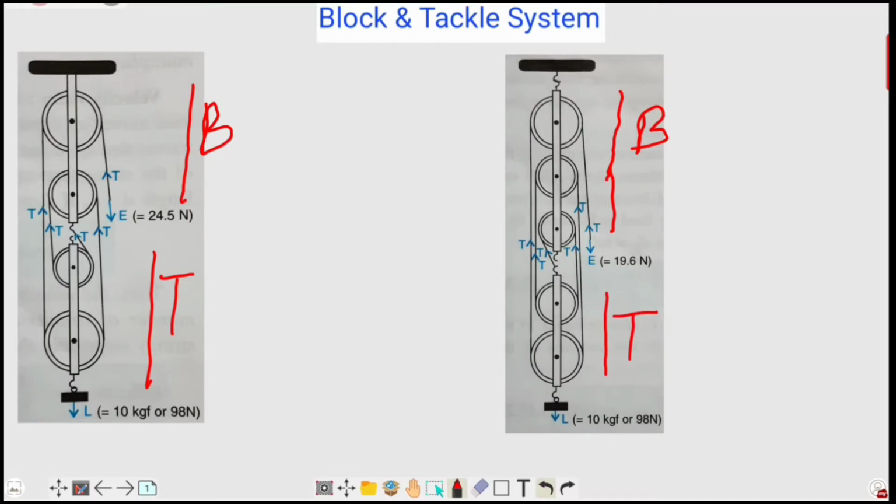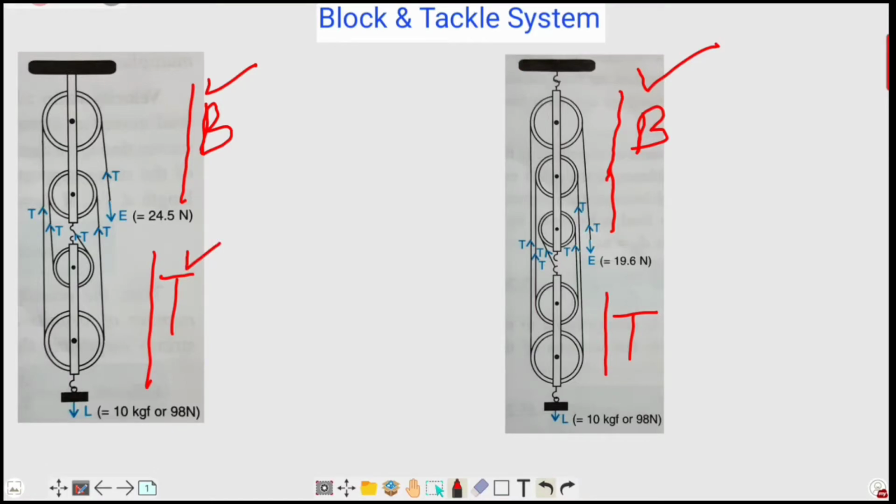Now in the block, that is in the upper segment, the pulleys are fixed. While in the tackle, that is the lower segment, the pulleys are movable. The number of pulleys in the tackle is either equal to the number of pulleys in the block, or, as in the second case, one less than the number of pulleys in the block. Now, let's discuss in detail.